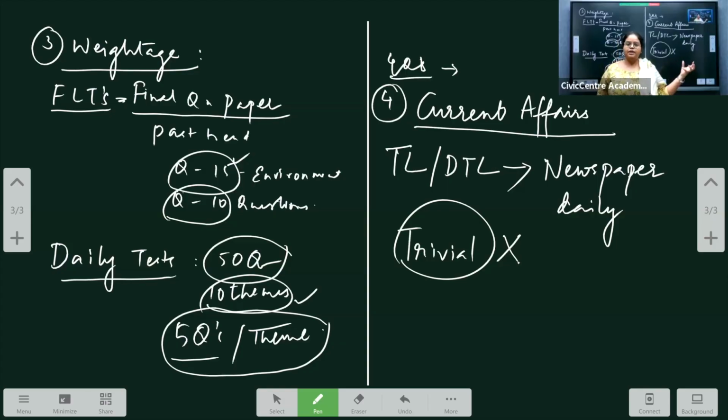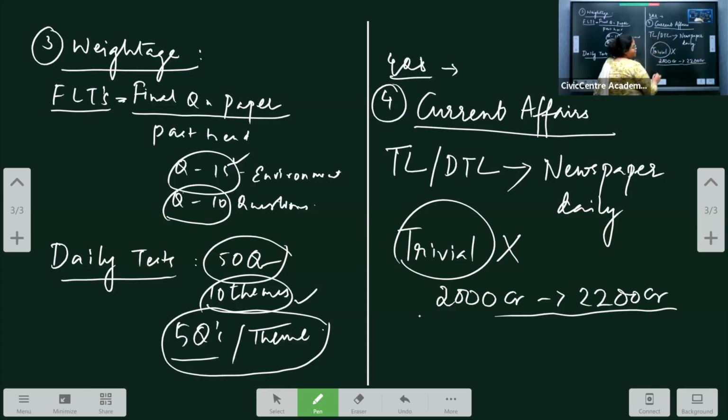Do not focus on something like, for example, the budget allocation for a scheme last year being 2000 crores and now it is 2200 crores. That cannot be a statement in a 3-statement or 4-statement question. That is too trivial for anybody to remember, and it is not relevant in the exam.